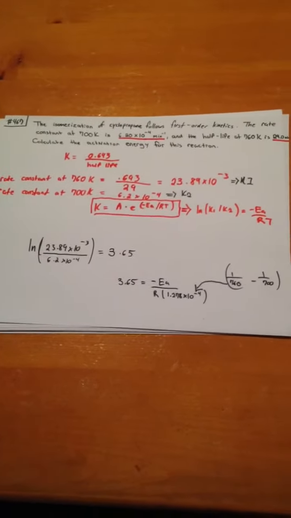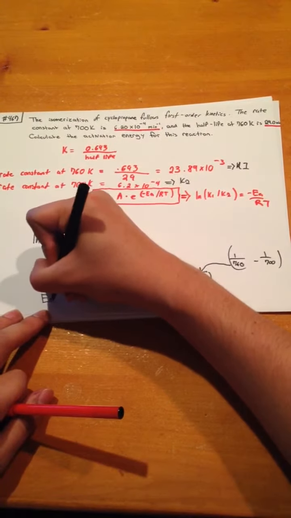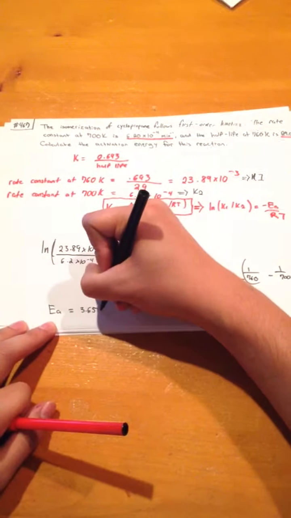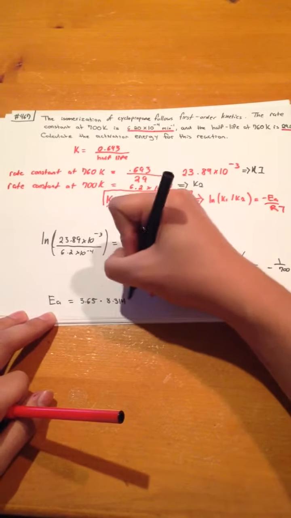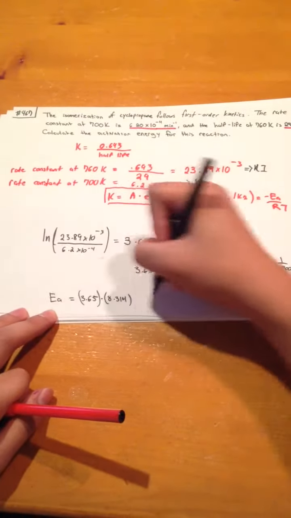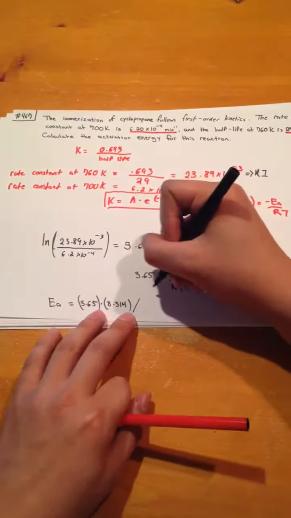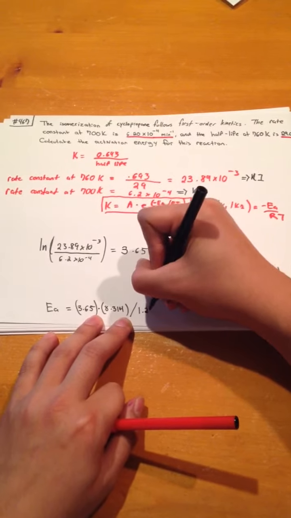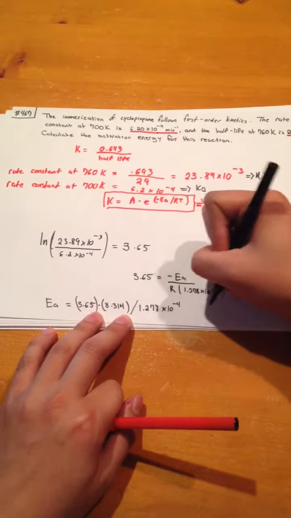And then all that together, we're going to find our Ea. So our Ea is going to equal 3.65 times 8.314. That's our gas constant, in case you didn't know. And then we're going to divide all of that by the temperature term that we got, 1.278 times 10 to the negative 4.